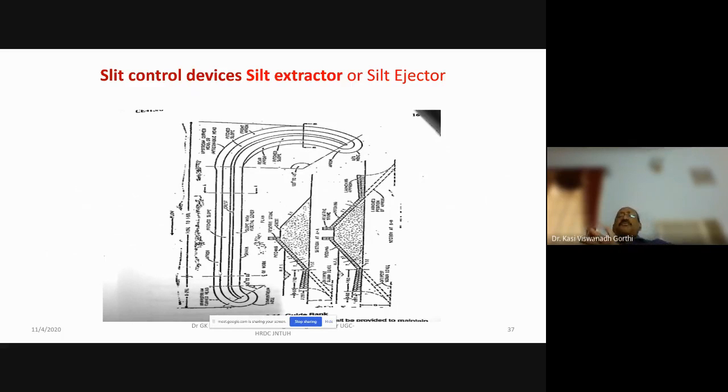In the upstream portion, relatively clear water enters into the canal. Even after entering into the canal, if there is any leftover silt available in the canal, this would also preferably be removed by providing an escape through the escape channel with the vanes in the form of silt ejectors or extractors.